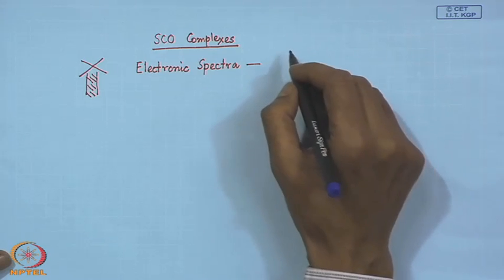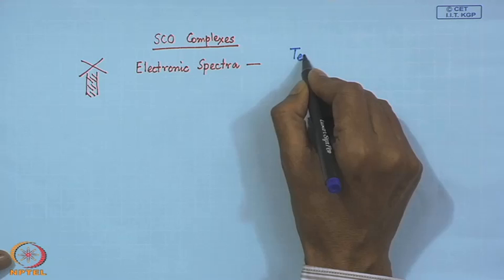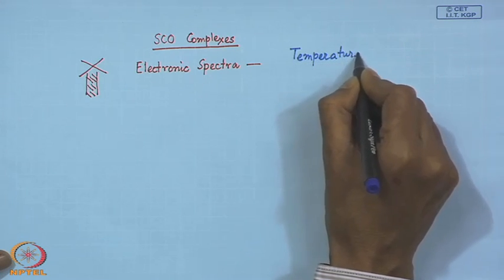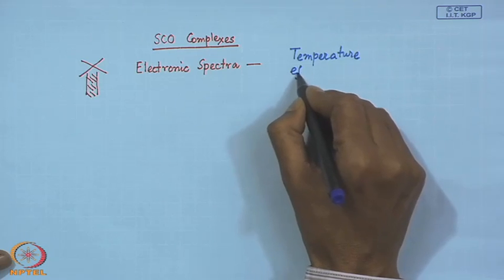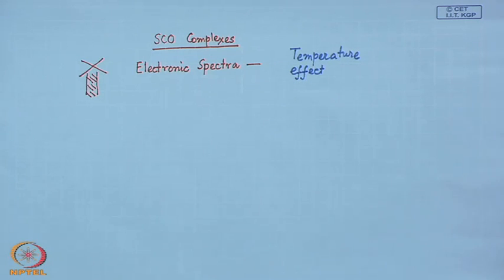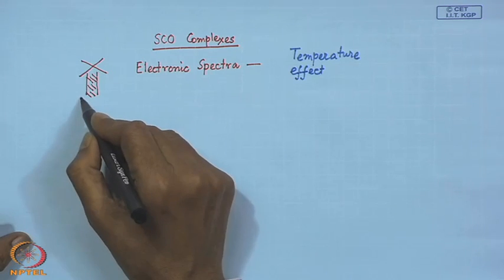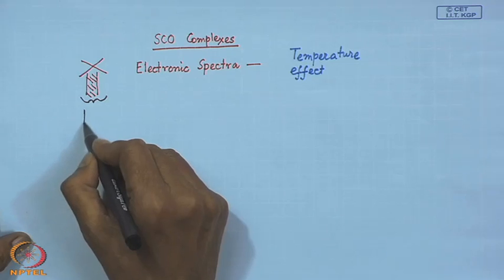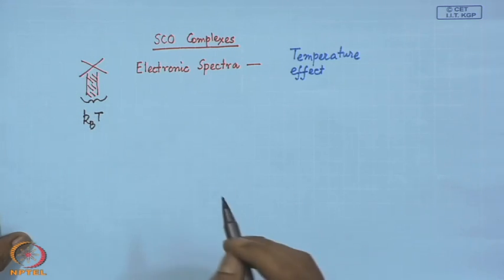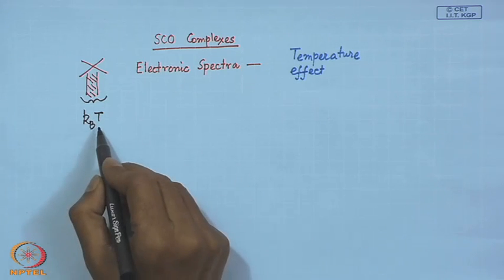In all these cases we are observing the corresponding temperature effect on these molecules, because this particular crossover region is lying basically within the kT region. That means the Boltzmann constant multiplied by the available temperature.